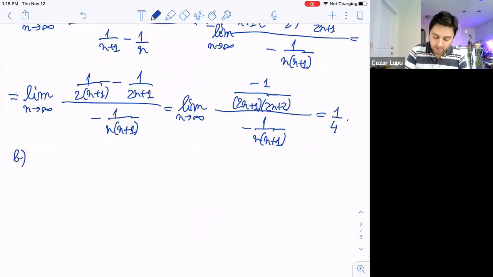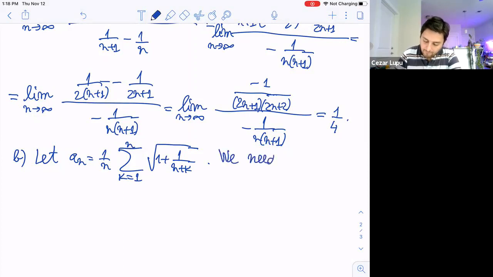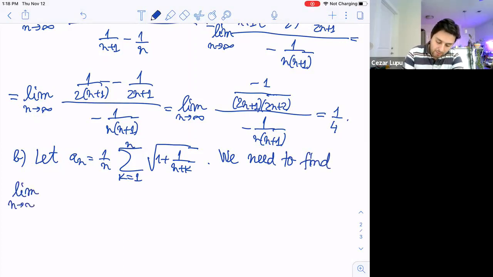So the second one, let me consider the sequence. Let an be this guy, 1 over n, the sum from k equals 1 to n of the square root of 1 plus 1 over n plus k. And we're asked to find the limit of an to the power n. So we need to find the limit as n approaches infinity of an to the power n.